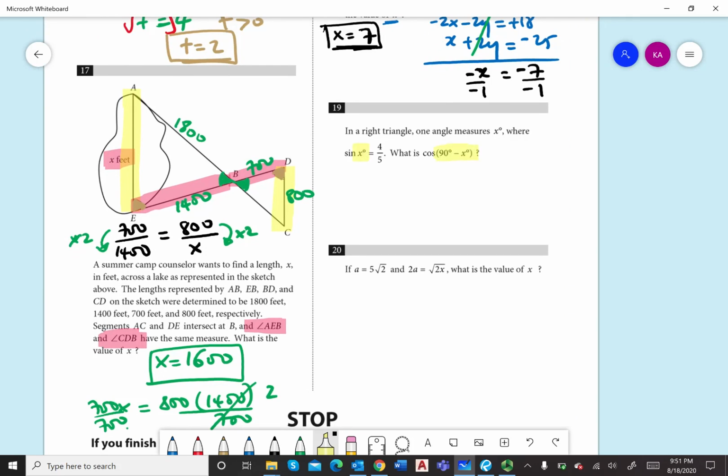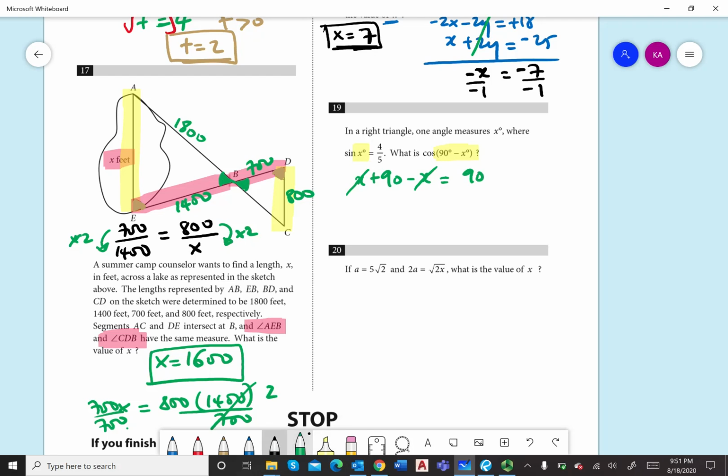So if you look at those 2 angles, if you add them, x plus 90 minus x, you get this to cancel out with that, so you get 90. So the 2 angles add up to 90.